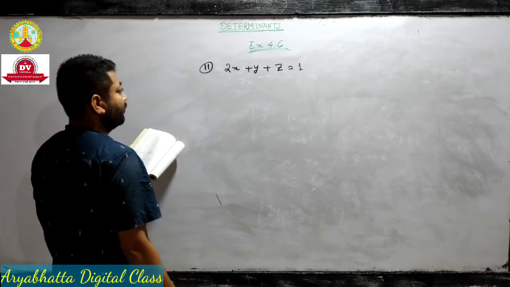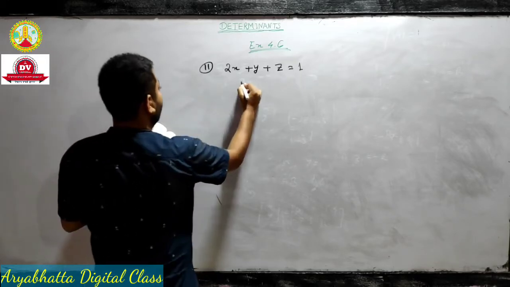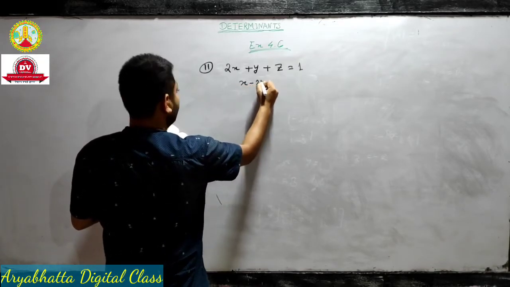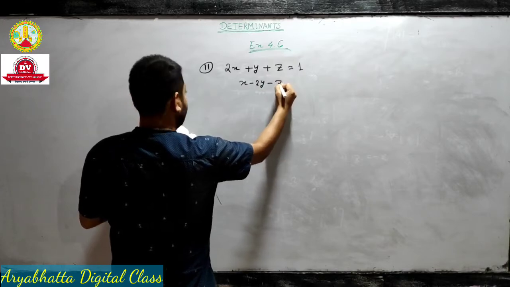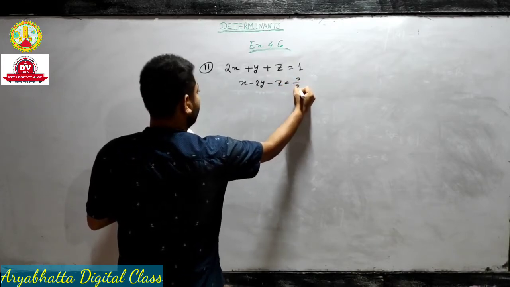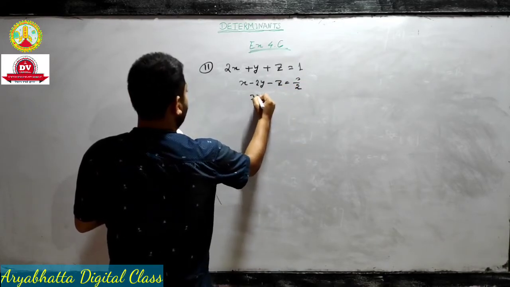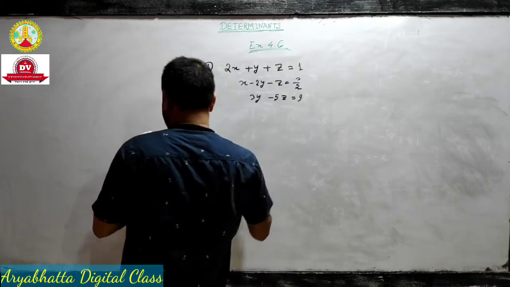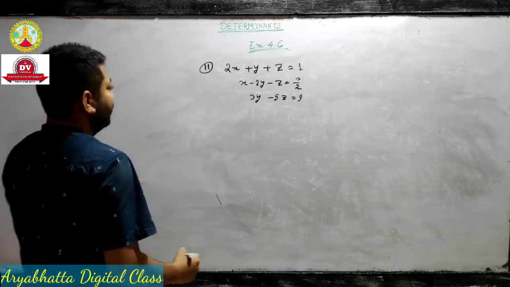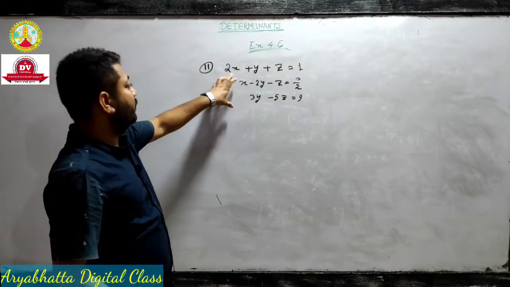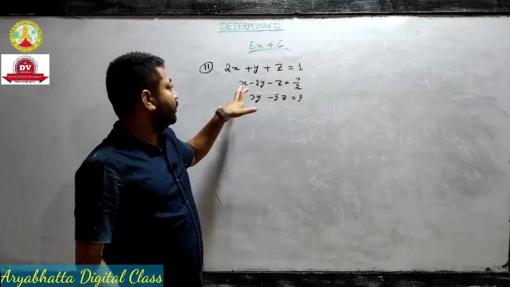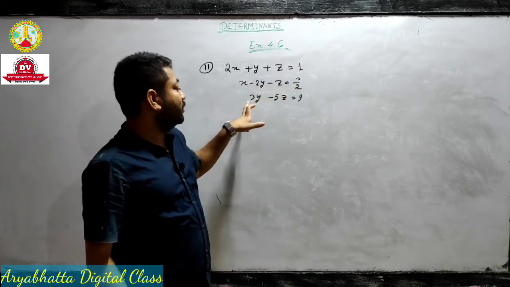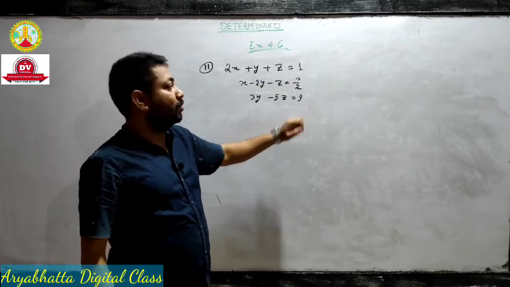Two x plus y plus z equal to 1, x minus 2y minus z equal to 3 by 2, and 3y minus 5z equal to 9. Given a system of linear equations, 2x plus y plus z equal to 1, x minus 2y minus z equal to 3 by 2 and 3y minus 5z equal to 9.